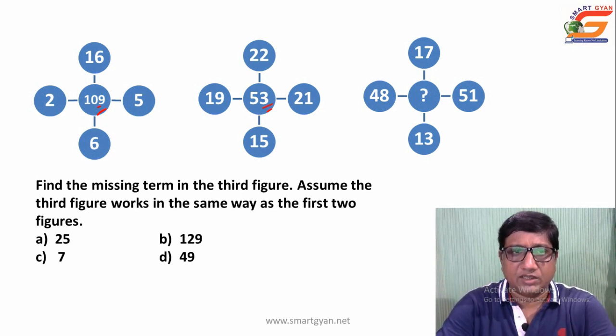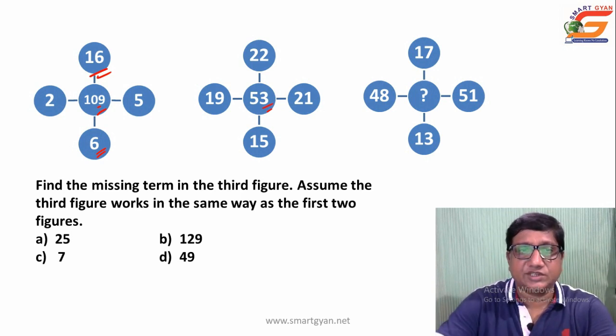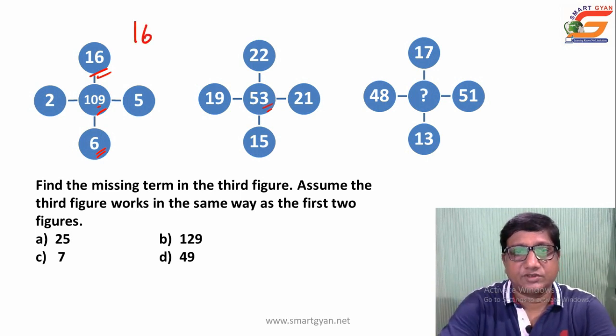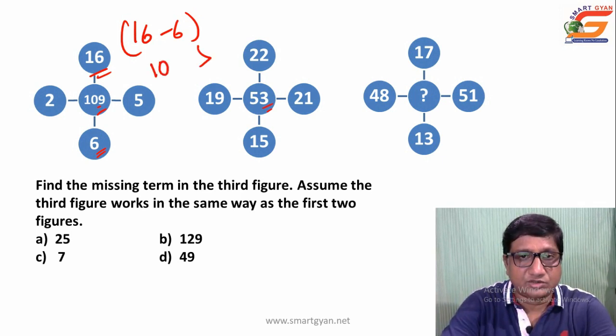Then 16 minus 6, that is coming to be 10, and then another, that is 5 minus 2, that is coming to be 3.